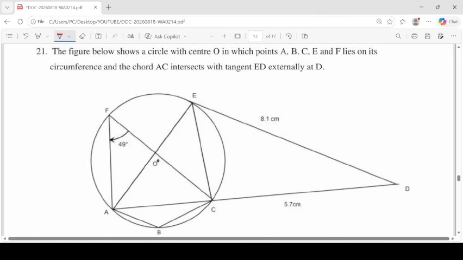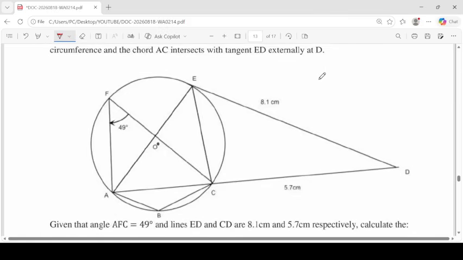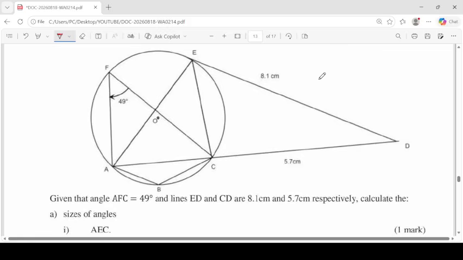We are being told that the figure below shows a circle with a center O, in which points A, B, C, D, E, F lie on the circumference, and the chord AC intersects with the tangent externally at D. Given that the angle AFC is 49 degrees, and the lines ED and CD are 8.1 and 5.7 respectively, calculate the size of the angle AEC.